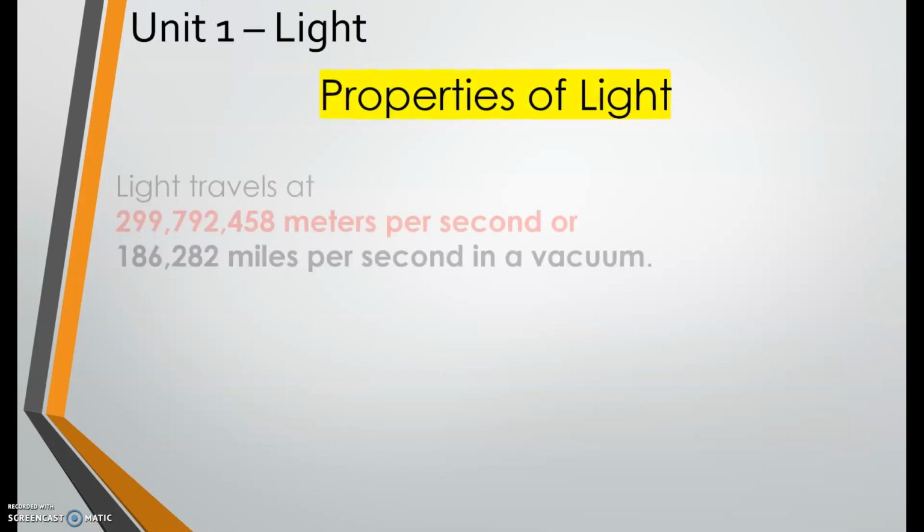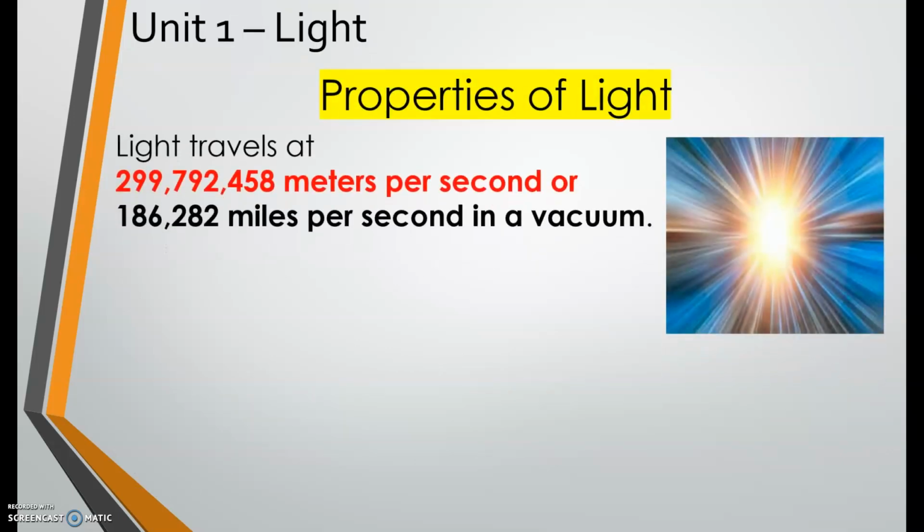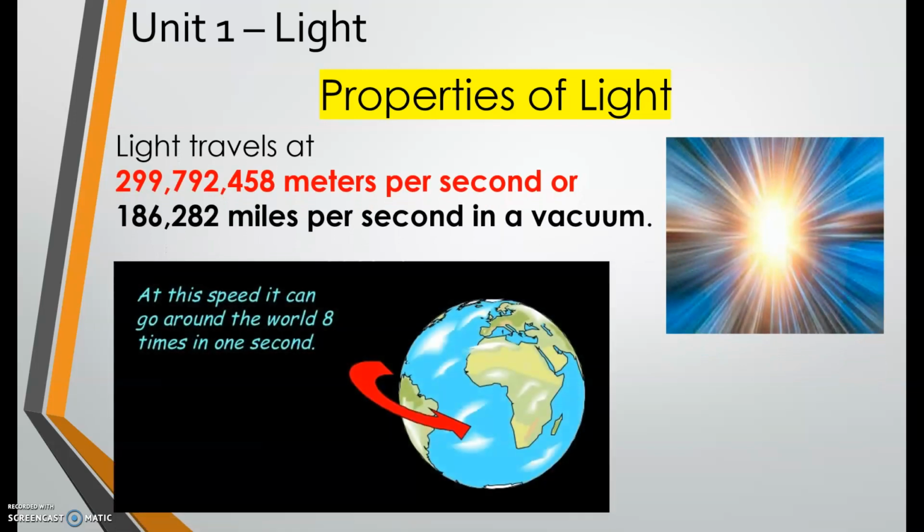Okay, let's start with the properties of light. Light travels at 299,792,458 meters per second, or 186,282 miles per second in a vacuum. When we say in a vacuum, it's empty space, with no air and other matter.